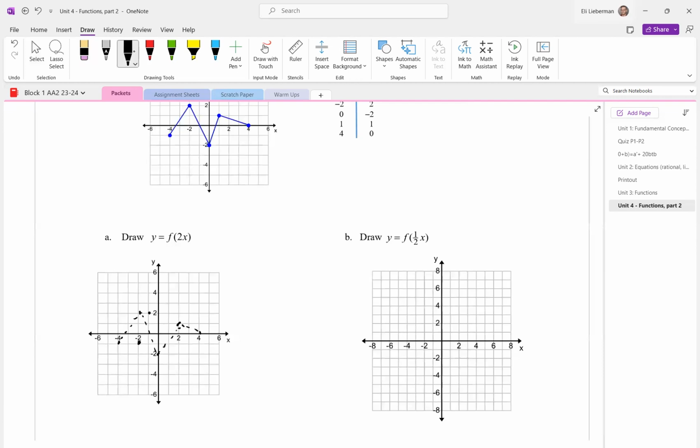It's just the x value that's being cut in half. 0 comma -2 becomes 0, -2. 2, 1 becomes 1, 1. 4, 0 becomes 2, 0.